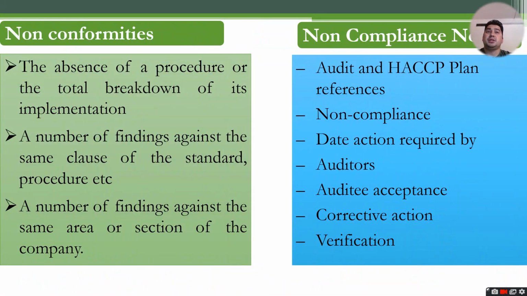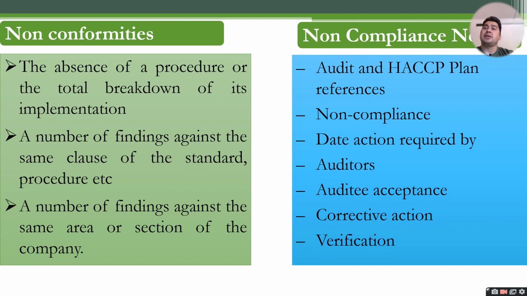Now, non-conformities and non-compliance note. Non-conformity is the absence of procedure or the total breakdown of its implementation. Then you can issue an NC. If there is absence of procedure or the total breakdown of its implementation, if the process is not implemented, then you can raise an NC.